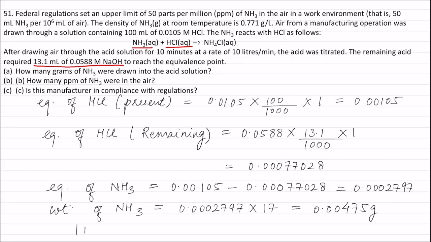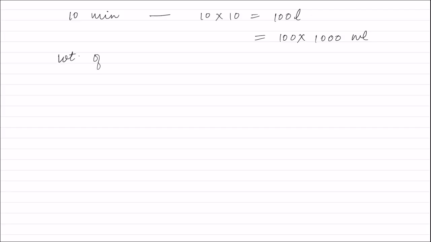Now in 1 minute, amount of air that was drawn is 10 liters. Therefore, in 10 minutes, the amount of air drawn will be equal to 10 into 10, which is equal to 100 liters, and this is also equal to 100 into 1000 milliliters. Now weight of ammonia is equal to 0.00475 gram.